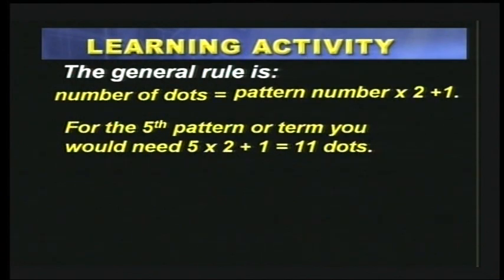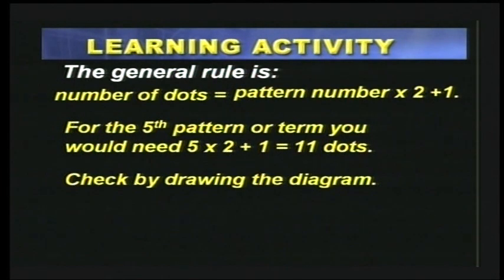Okay, for the fifth pattern or term, you would need 5 times 2 plus 1, and you should have how many dots? 11 dots. These are just examples that we are going through. We can check by drawing the diagrams like what we have done on the whiteboard.